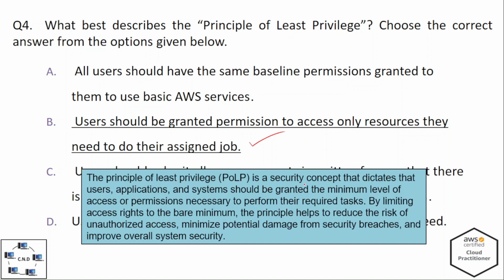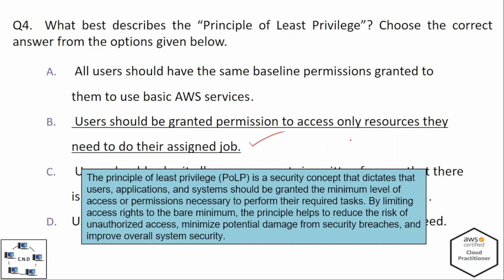So it is a security concept that dictates users, applications, and systems should be granted the minimal level of access or permissions necessary to perform their required tasks. By limiting access rights to the bare minimum, the principle helps to reduce the risk of unauthorized access, minimize potential damage from security breaches, and improve overall system security.